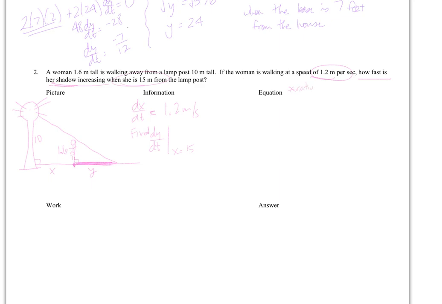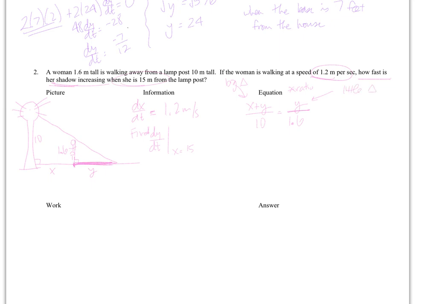So if you think about it, and you may have to look at the picture a couple times, x plus y, which is the base of the big triangle, to 10, which is the height of the big triangle, is proportional to y over 1.6. So again, this is the big triangle, and this over here is the little triangle.